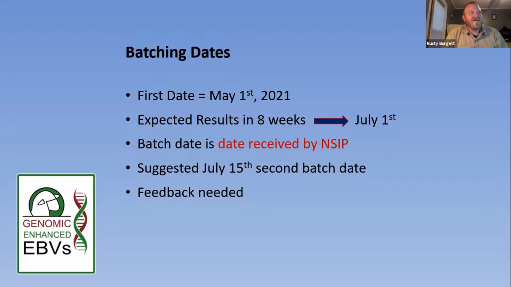Secondly, we're asking you to ship these to the standard NSIP PO box. I know that not all carriers will mail to a PO box, so you might want to check with your carrier on whether they will or not.